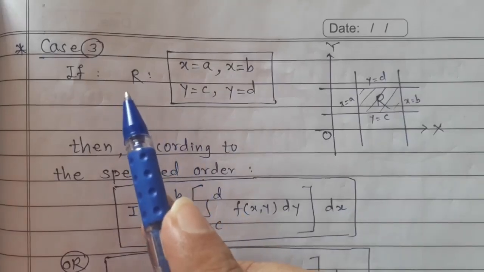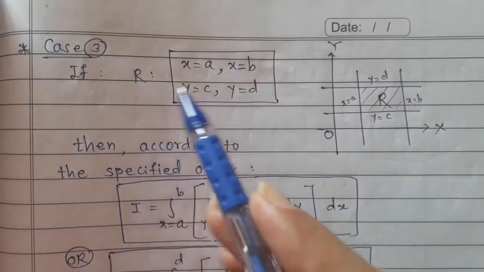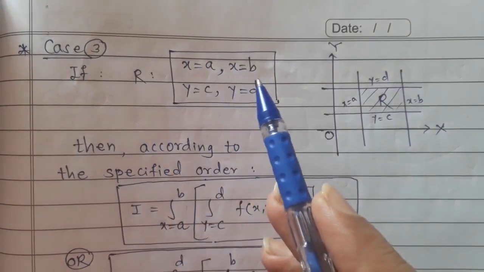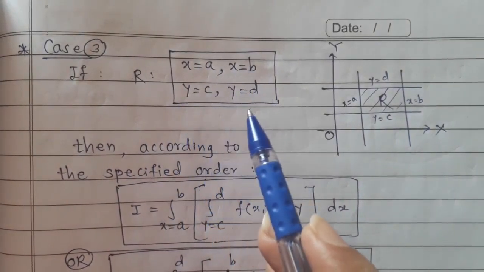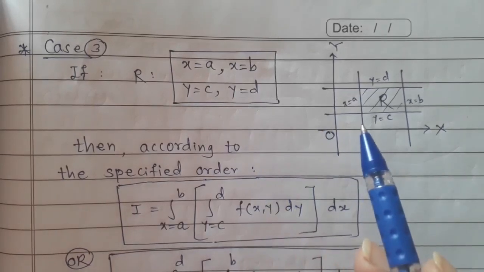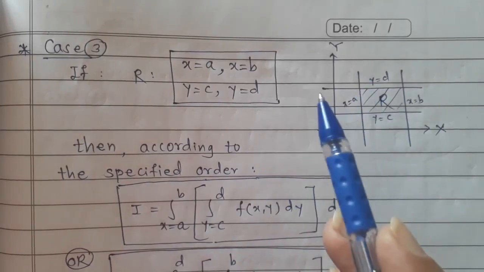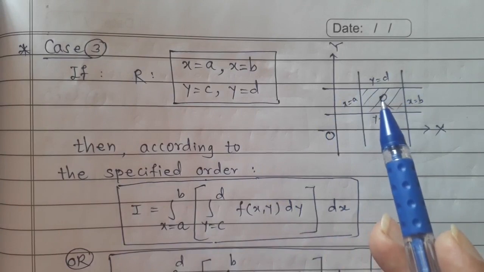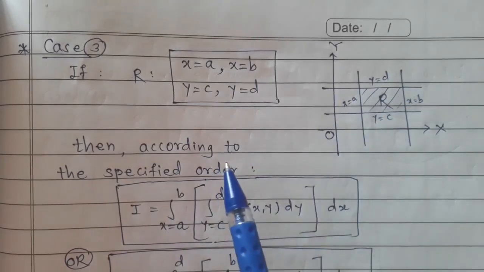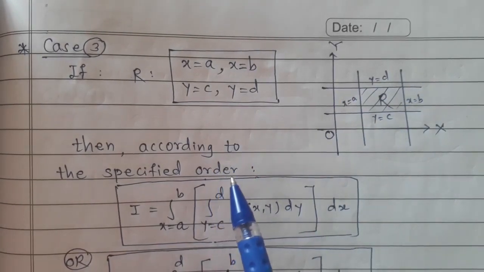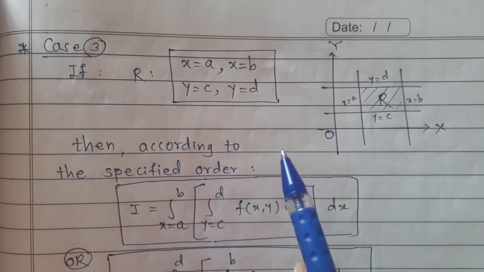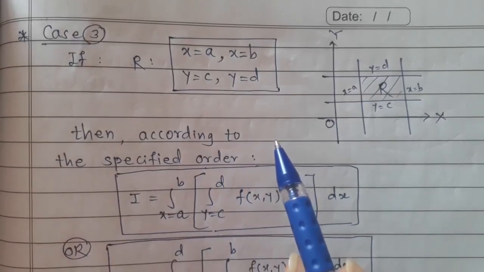Third case, if the region is described by x equal to a, x equal to b, y equal to c, y equal to d, then if we plot the lines, we will get a rectangle like this as a region. In this case, the order should be mentioned if we are required to calculate the integration.